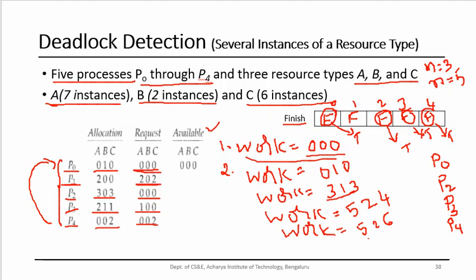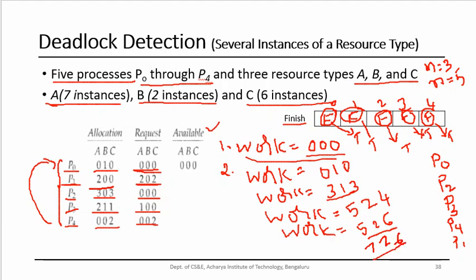Can we meet this with whatever value we have in work? Of course we can. Because it is less than or equal to work, we now make finish of 1 equal to true, and we put P1 here at the end. And work becomes what gets added? This gets added to the work, so it becomes 7 2 and 6.